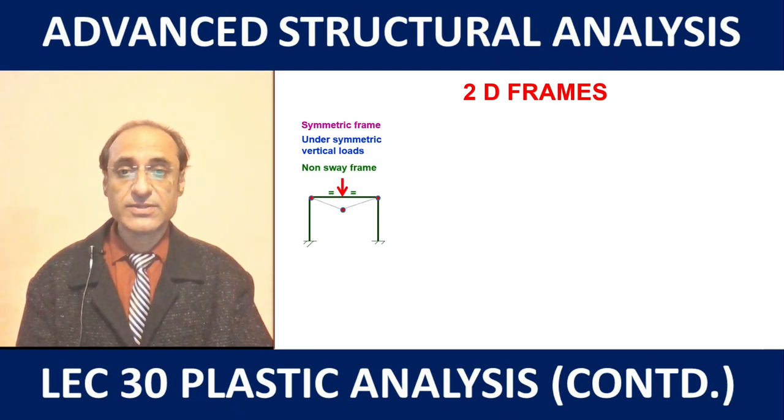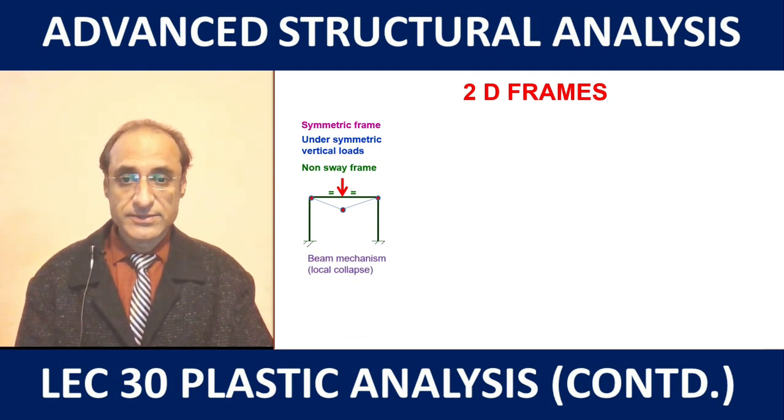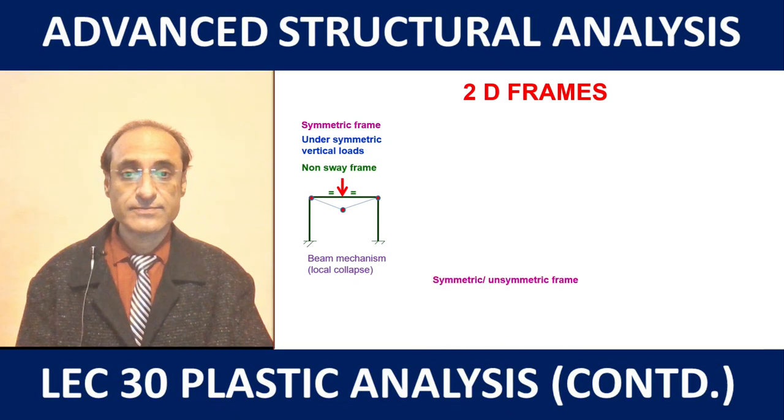So beam mechanism means that the plastic hinge formation takes place in the top beam and that is converted into a mechanism. So it is like a local failure of a member, and here the columns still remain intact, but of course from the point of view of stability we consider the structure to have failed.